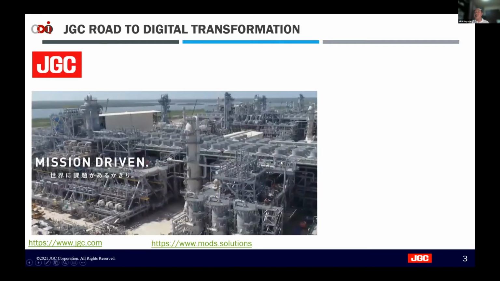Okay, first, what we do is that we construct oil and gas plants or chemical plants. Sometimes it's a huge plant, like more than $1 billion or $10 billion sometimes.